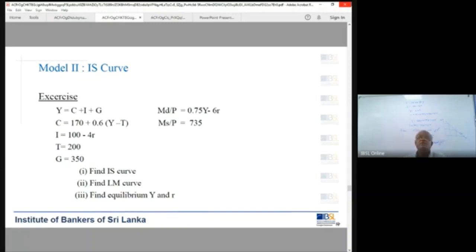In the 2021 March paper, you have the qualitative type. They ask what is the IS curve, what is the LM curve, what are the shifters of IS and LM curves. Suppose the government increases expenditure, what will happen to the equilibrium level of income and interest rate? Suppose the central bank expands monetary policy, what will happen to the equilibrium interest rate and income? Contraction in monetary policy shifts LM to the left.